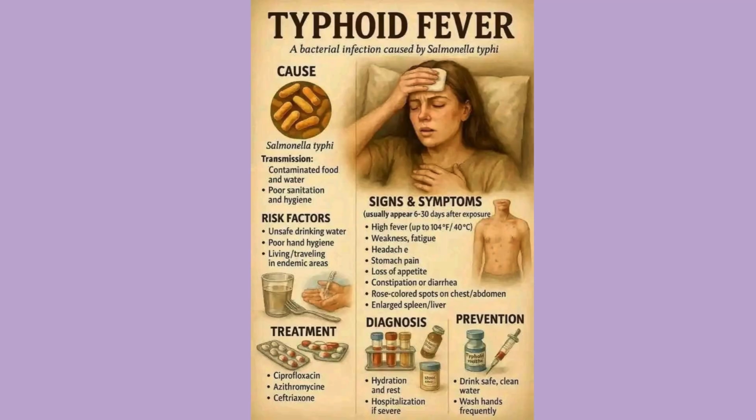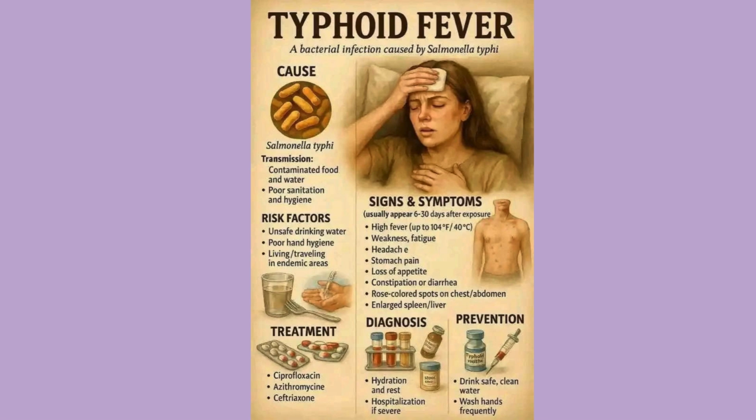wash your hands regularly. Now, with regards to the treatment, typhoid fever in adults is treated exclusively with antibiotics, the choice of which depends heavily on local antibiotic resistance patterns and the severity of the illness.